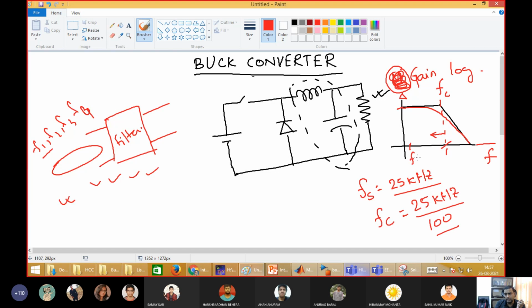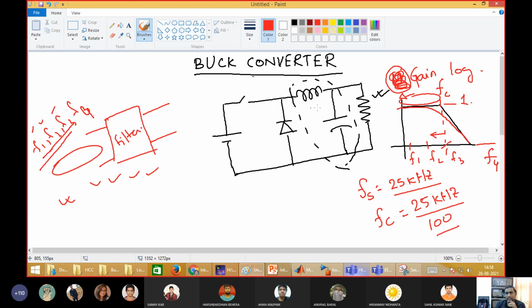It will allow F1, F2, F3 because these are less than the corner frequency. They are lying here. These frequencies it will allow. And this F4 lies here. So gain till here is 1.